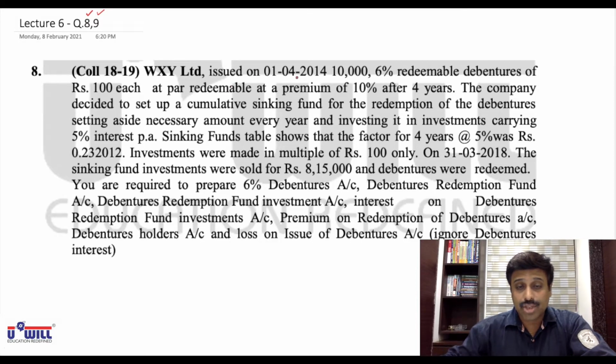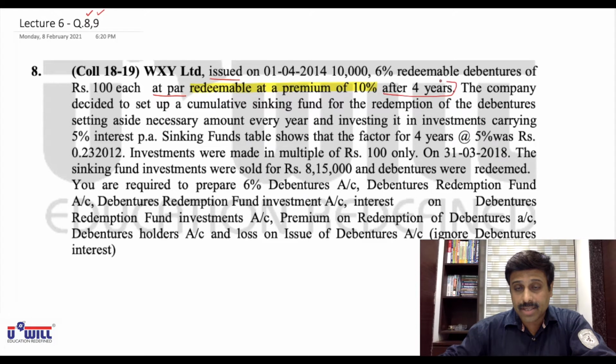WXY Limited issued on 1/4/2014 10,000 6% debentures of ₹100 each at par. Now they are issued at par but redeemable at a premium of 10%. So we have studied this concept earlier, that we have to combine the entry of loss on issue to premium on redemption with the entry of issue of debentures.